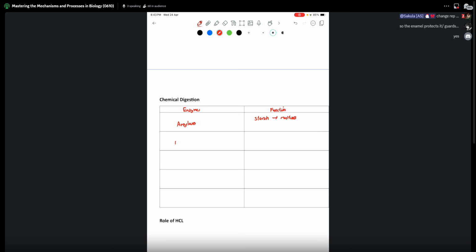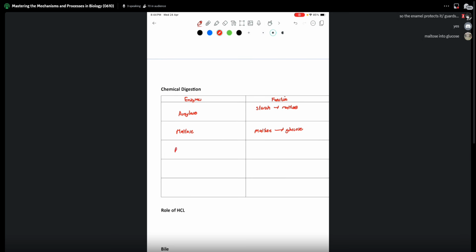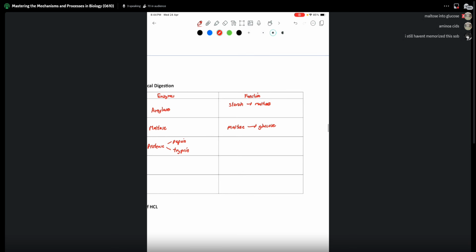Then we have the maltase, which is the breakdown from maltose to glucose. And we have the protease, which we can either have pepsin, which is located in the stomach, and we have the trypsin. So they break down from protein to amino acids.